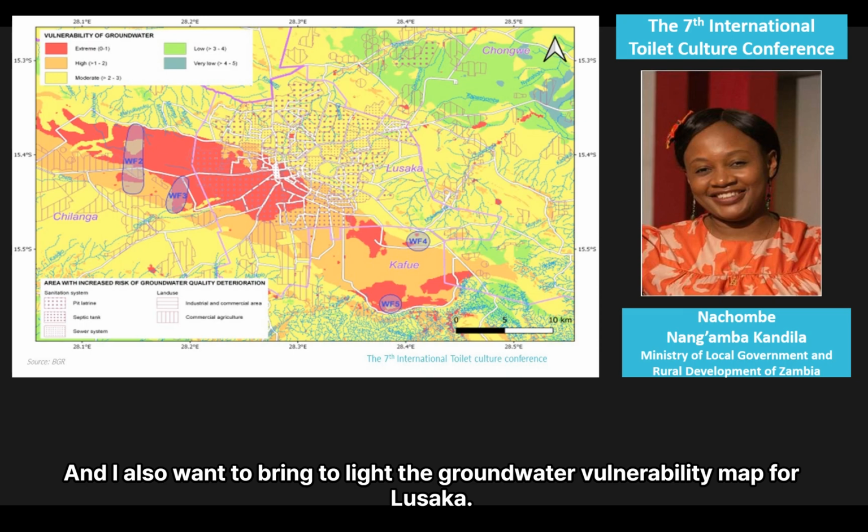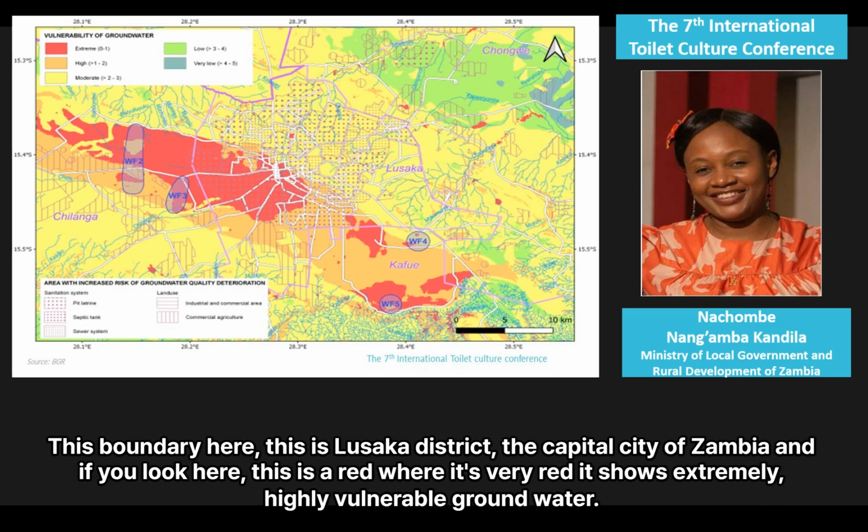I also want to bring to light the groundwater vulnerability map for Lusaka. This boundary is Lusaka district, the capital city of Zambia. Where it is very red, it shows extremely highly vulnerable groundwater.